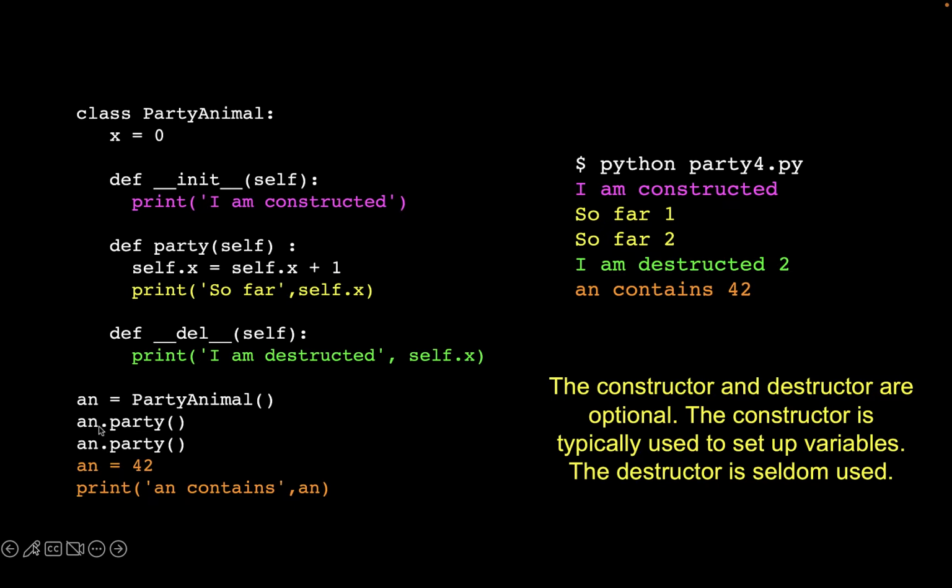And then we called party on it twice. So we got so far one and so far two. Okay. Then we assigned a 42 to n. So now there are no variables in the program that have a reference to that party animal object.